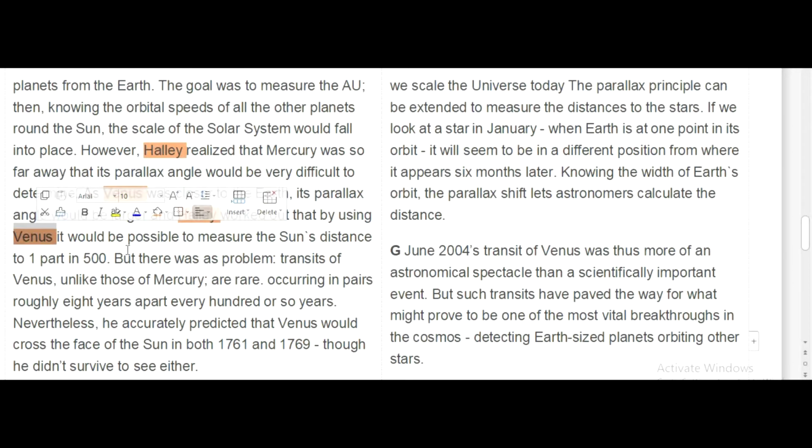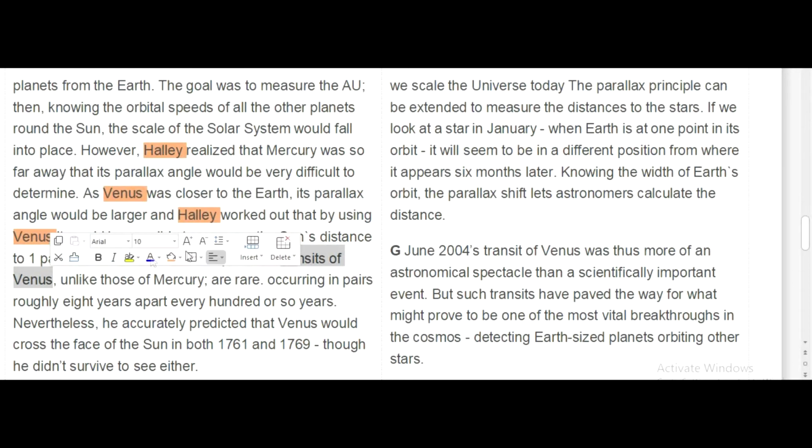Venus. Something about transit of Venus. I think we might find our answer right here, because here we have found Halley, and also I have found a mention of transit of Venus.